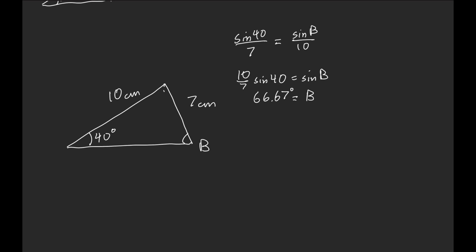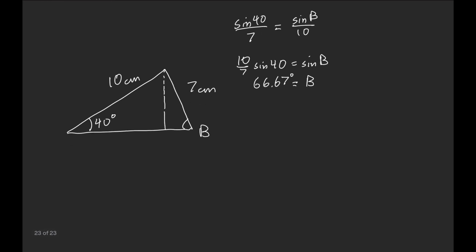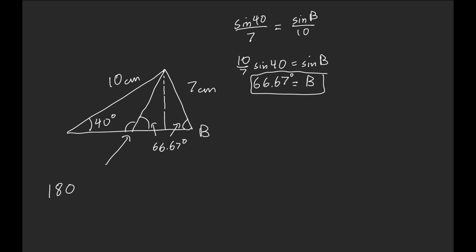66.67 degrees. Since this is an ambiguous case, however, we know that there is actually another possible angle for B. Since sine is positive in both the first and second quadrant, if we were to take this as the first case, and since we've flipped it around the x-axis, these two angles are the same. So this would be this and this.